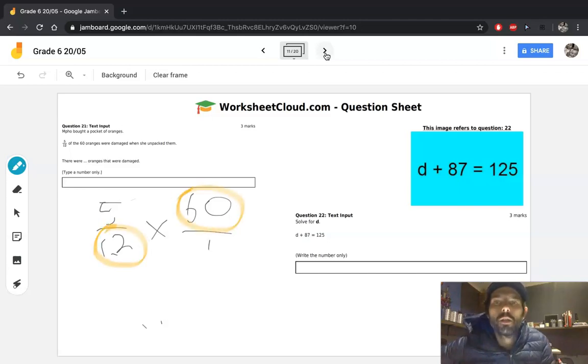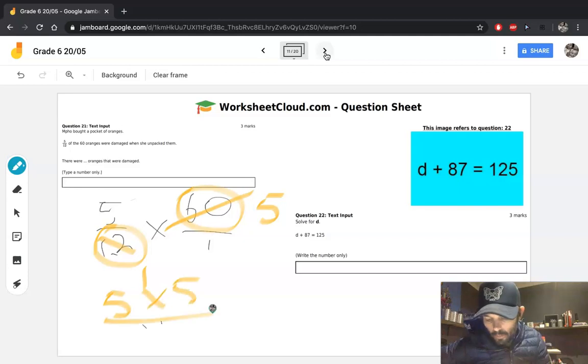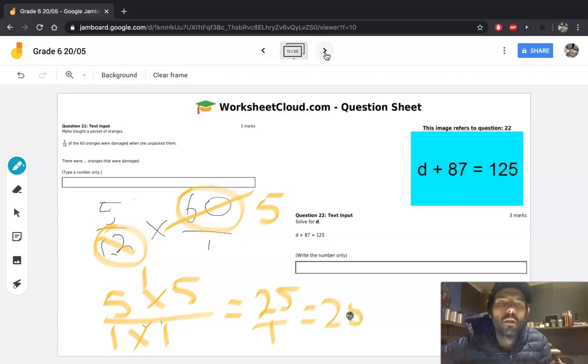I also know that the number 12 goes into itself once, and I know that the number 12 goes into 60 5 times. Now if I multiply the numerators, I've got 5 multiplied by 5, and the denominators, I've got 1 multiplied by 1, and you can see that that gives you an answer of 25 over 1, which is exactly the same as 25.